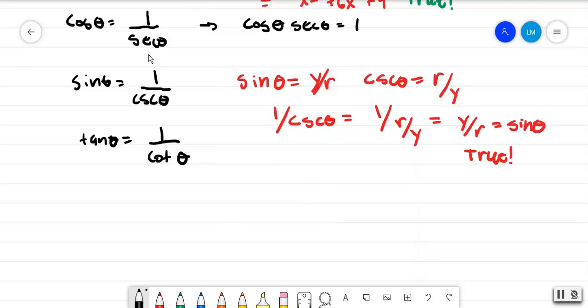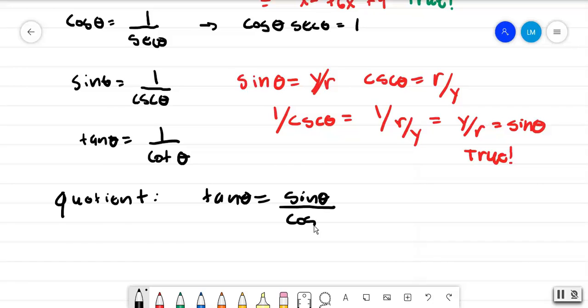Now, these are just the reciprocal functions, but you also have your quotient identities. So, for example, I know that tangent of theta is equal to sine of theta divided by cosine of theta.